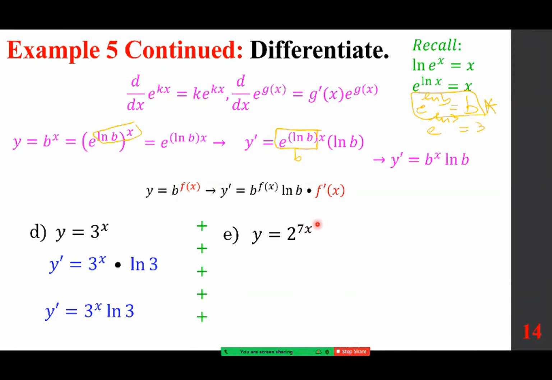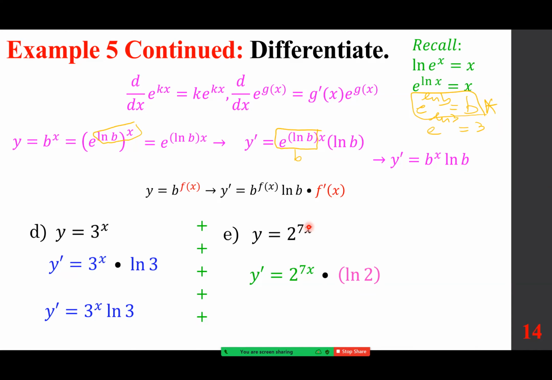So how do we do that? First and foremost, we repeat it. Y prime is itself, because it's an exponential function. What is the base? Is it e? No. Then we need ln b. So we need ln 2. Is this x? No, it's a function of x.